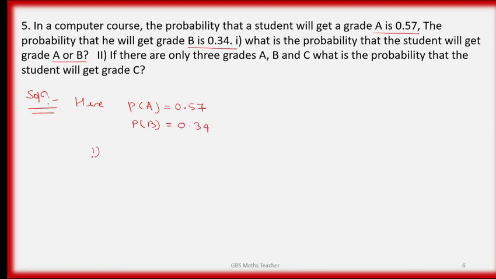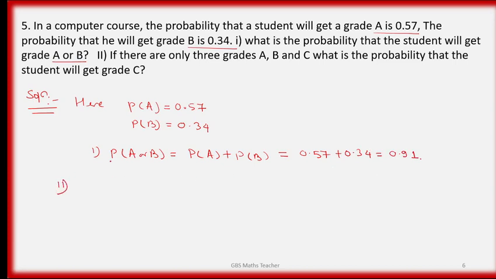The probability of getting A or B is probability of A plus probability of B. They are mutually exclusive, that's why 0.57 plus 0.34 equals 0.91.